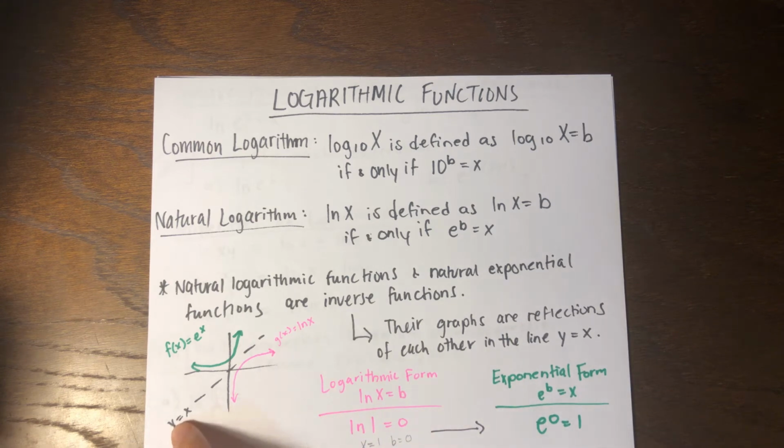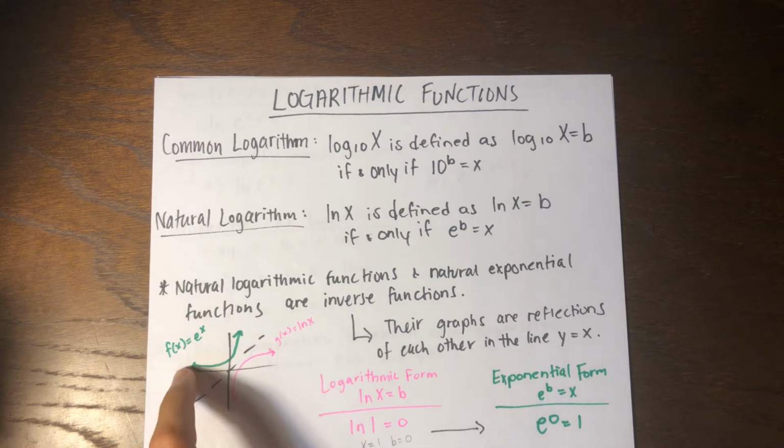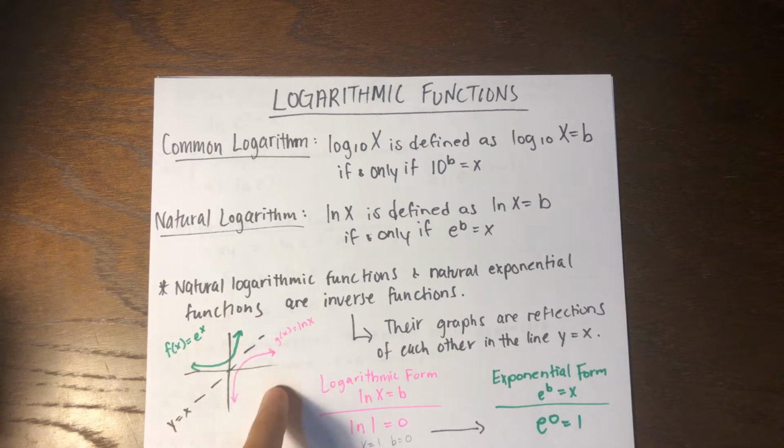If we graph y equals x, a linear function, the slope is 1 and the y-intercept is 0. So we have this line, and if we had the exponential function like we drew last time, the logarithmic function is just a reflection over that line.